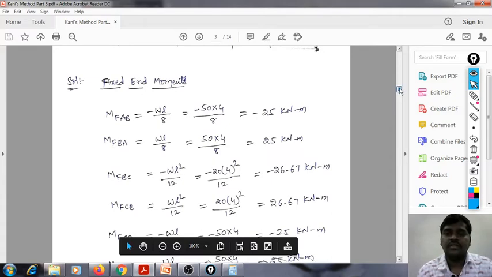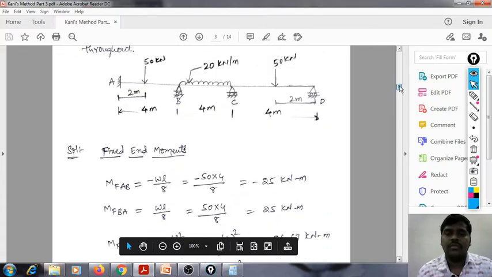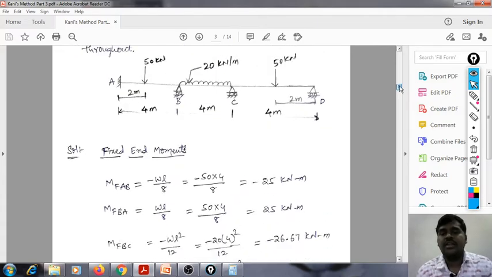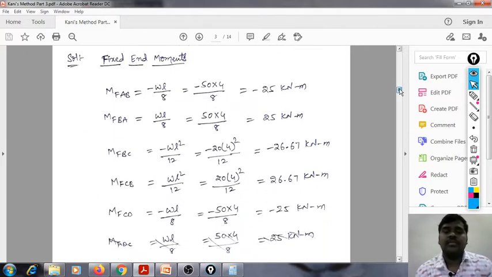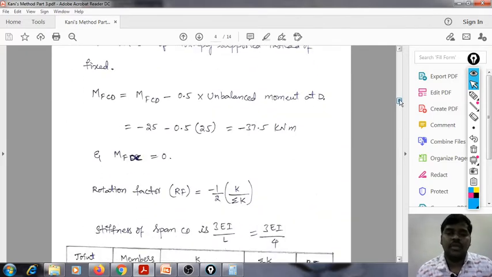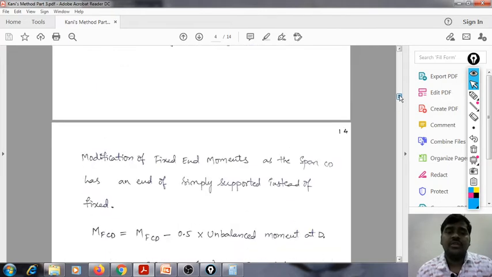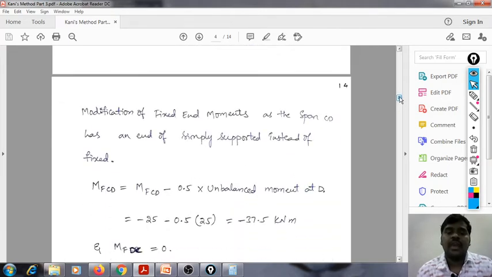We cannot consider this as an overhanging beam, so we cannot take the beam moment from CD. I got a small confusion there, so let's take 25 as the unbalanced moment at D. Fine, so the unbalanced moment will be 25, and we get minus 37.5.